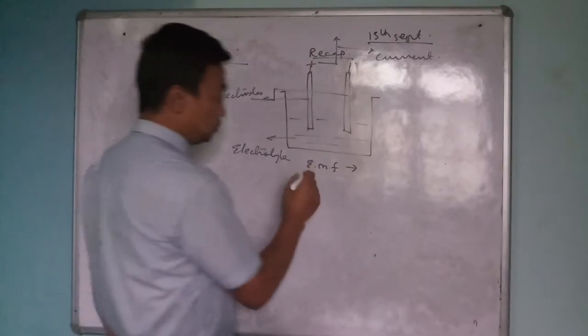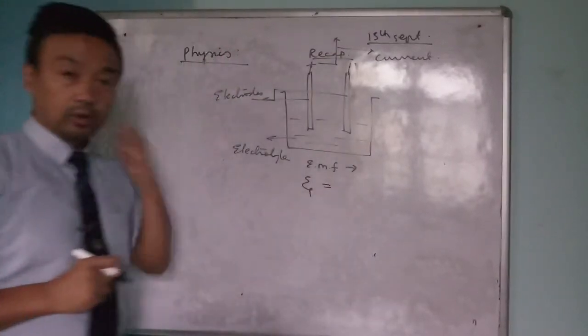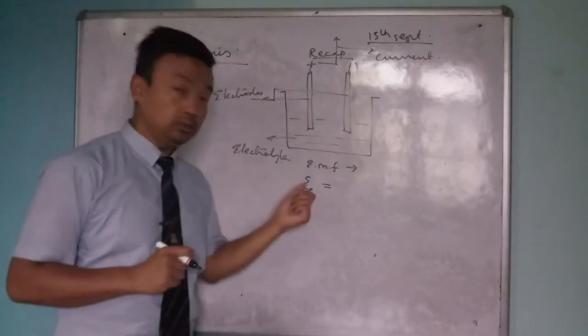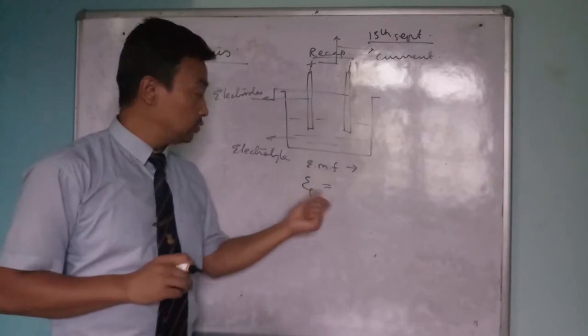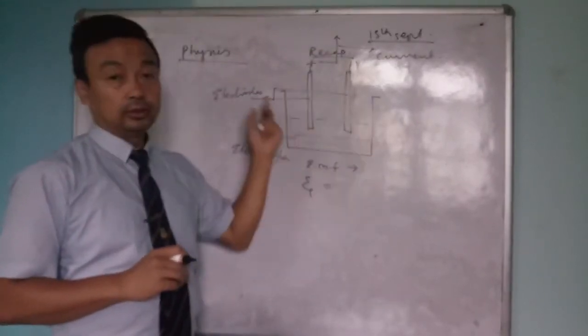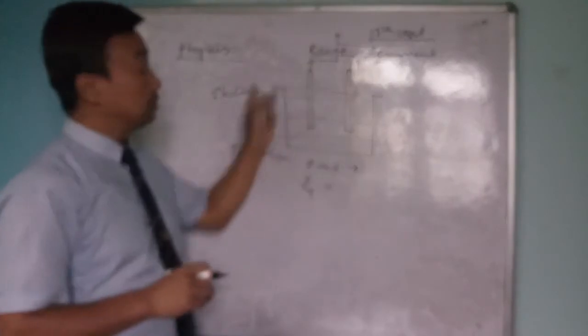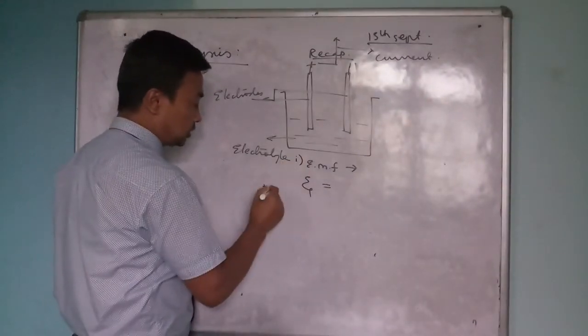That EMF was given by the symbol epsilon, and the formula for the EMF was the work done in carrying the test charge in the complete circuit. Then we discussed the second point.